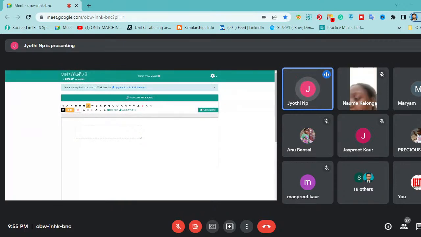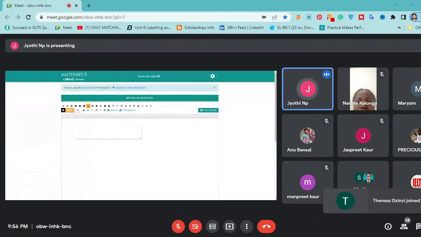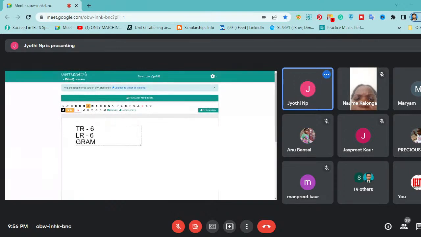Now coming to the calculation for your under length and things like that. Say for example, in the regular case you have topic response 6, then lexical resource 6, then grammar 6, and then coherence and cohesion 6.